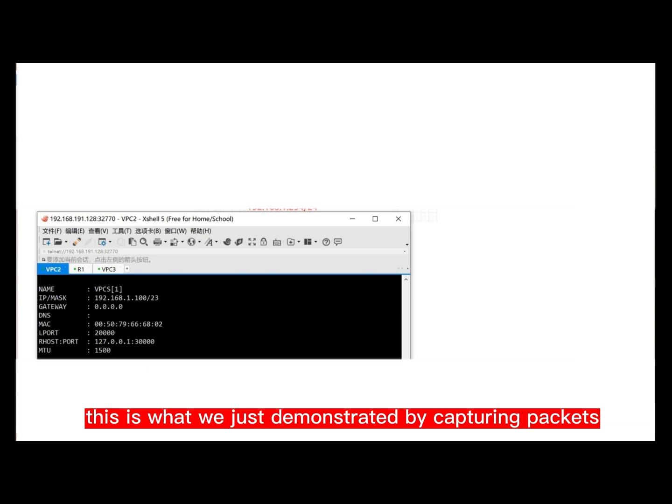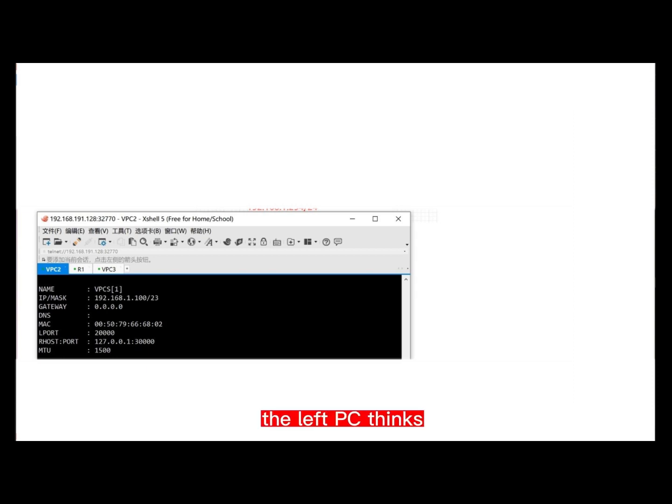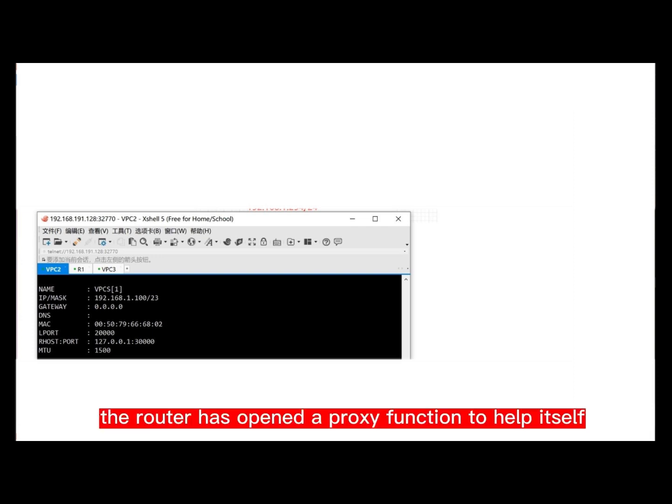This is what we just demonstrated by capturing packets. The left PC thinks the address of 0.100 is AABBCC, and data encapsulation is done like this. PC2 does not know that the router has opened a proxy function to help it.